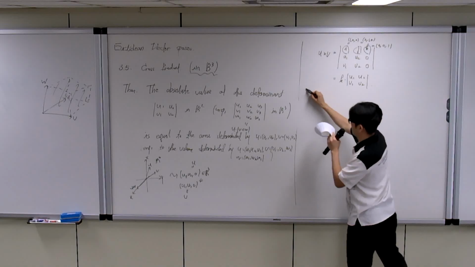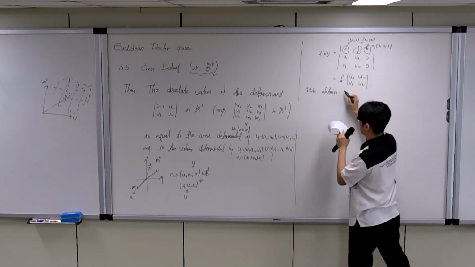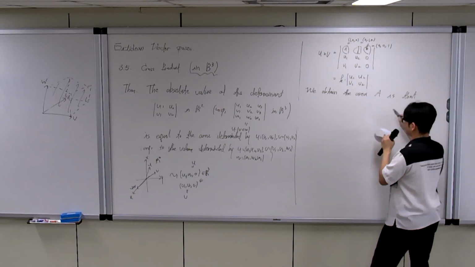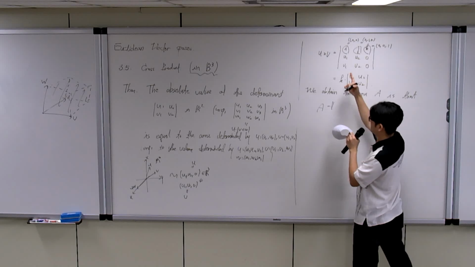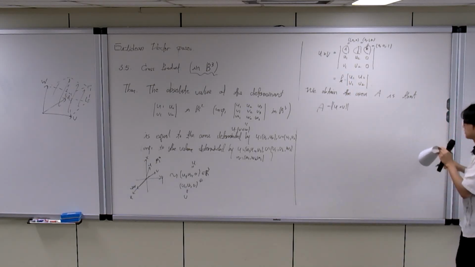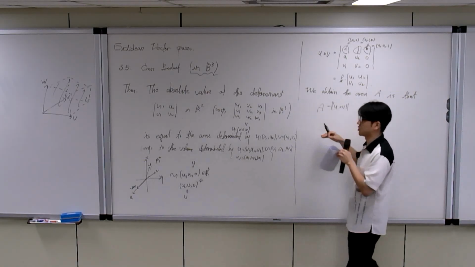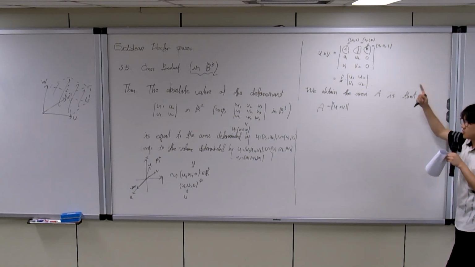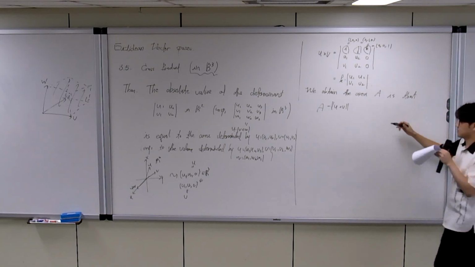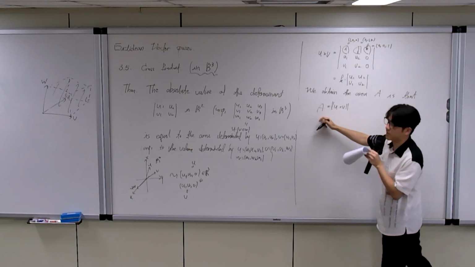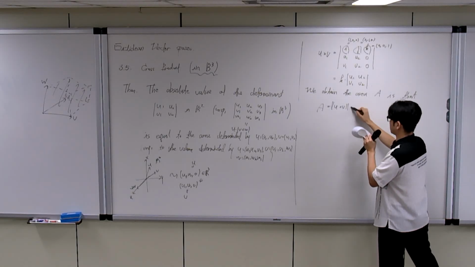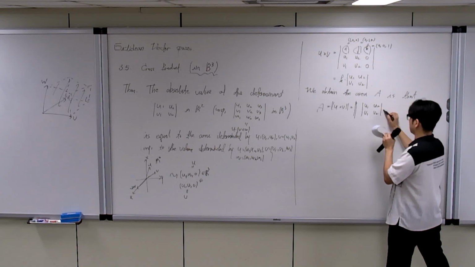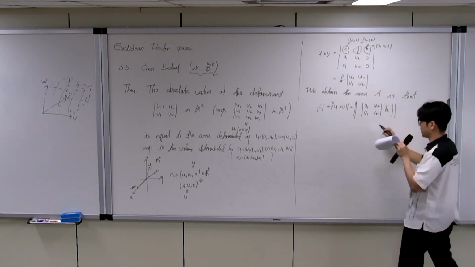And also, if you want the area A, calculate the norm of that vector, because we showed that the norm of u cross v was the same as the norm of u times the norm of v times sine theta, and so that means it is the area.